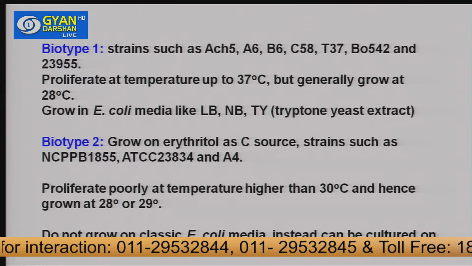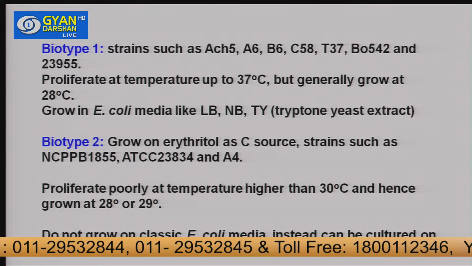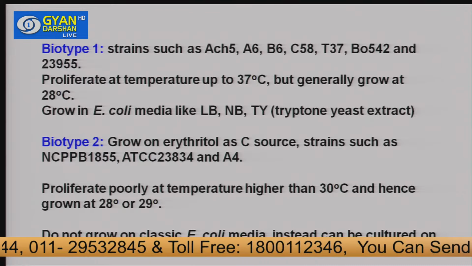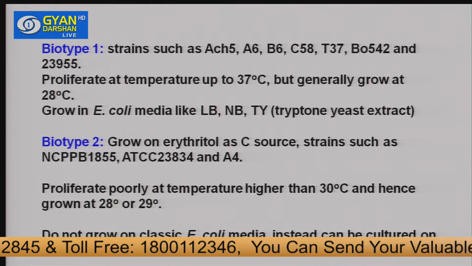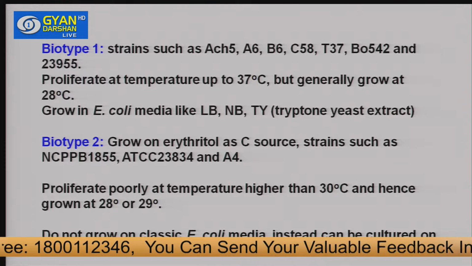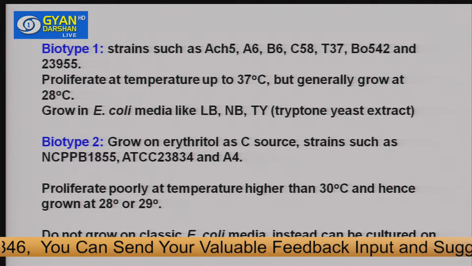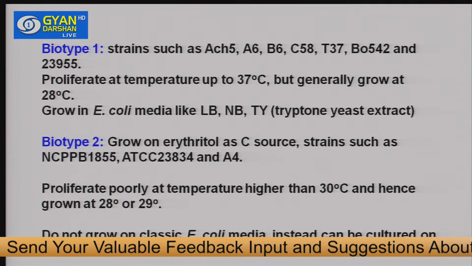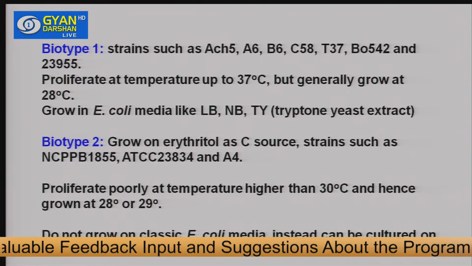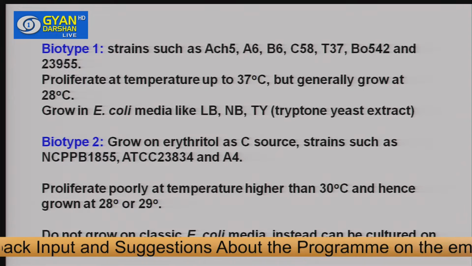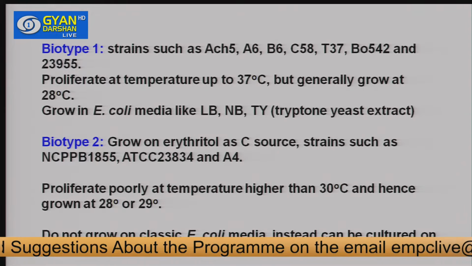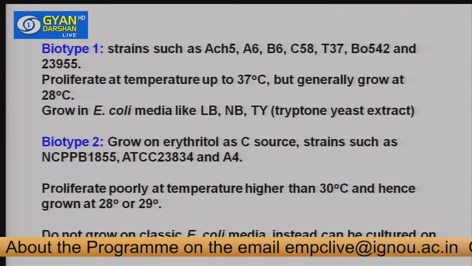So here the temperature range is much narrower, and hence it is recommended that you grow them at 28 or 29 degrees centigrade. Minor fluctuations in temperature might arrest the growth of these kinds of strains. So you have to be very careful regarding the maintenance of proper temperature.